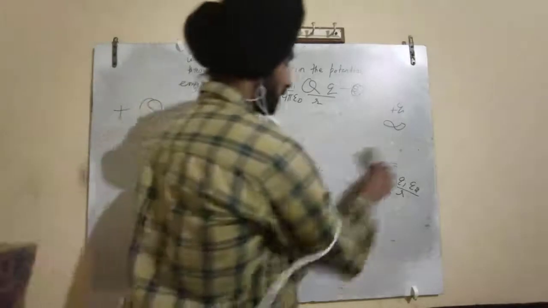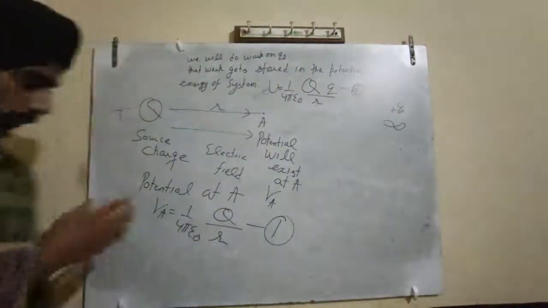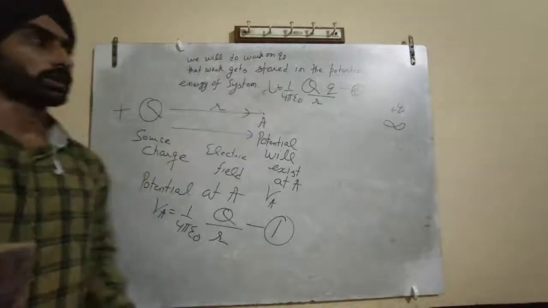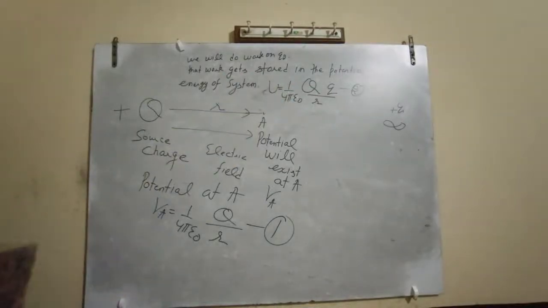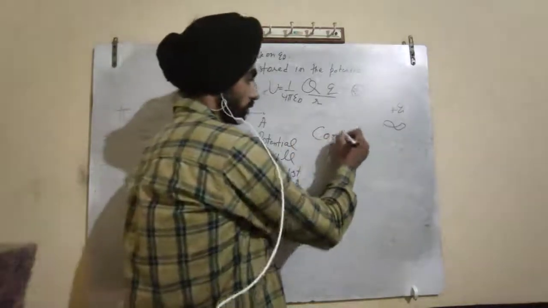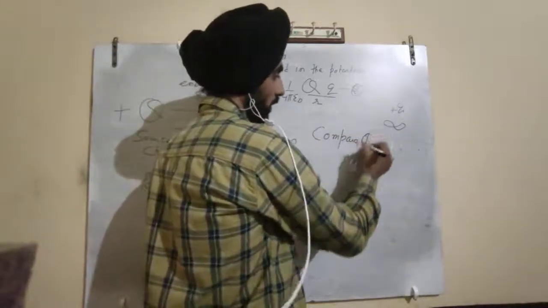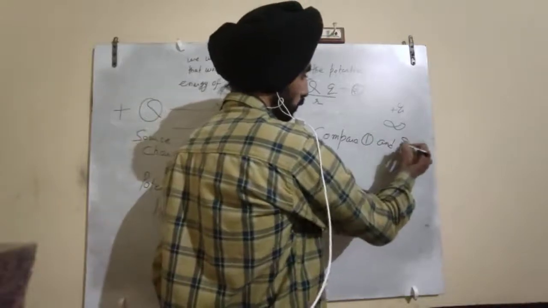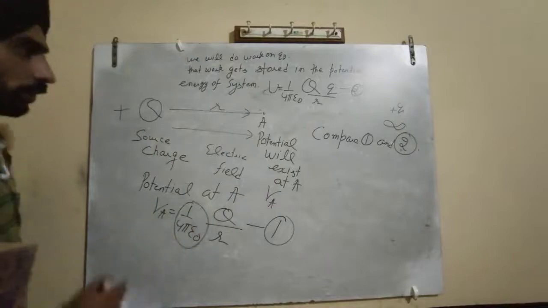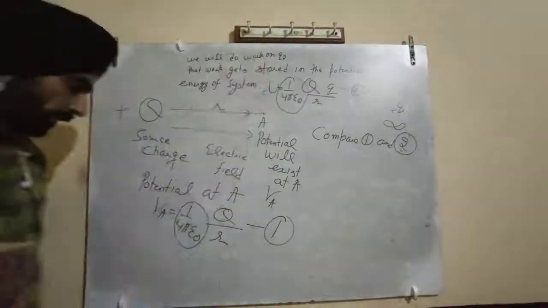So your first concept is you first find out the potential at A. Your second concept is you find out the amount of work done. Compare them, compare 1 and 2. What is common? 1 upon 4 pi epsilon naught is common.